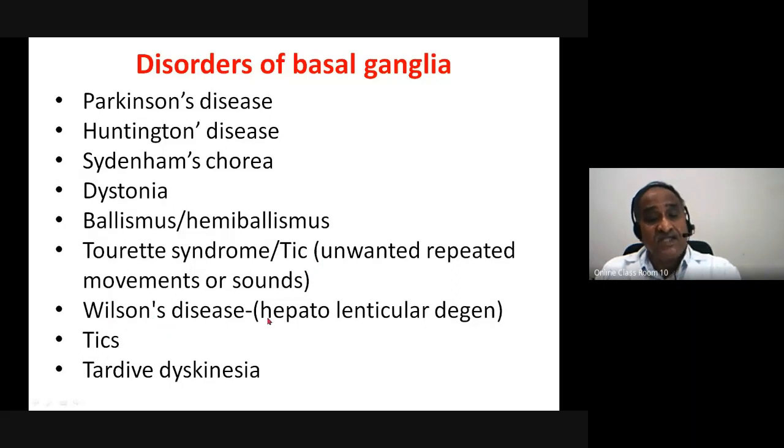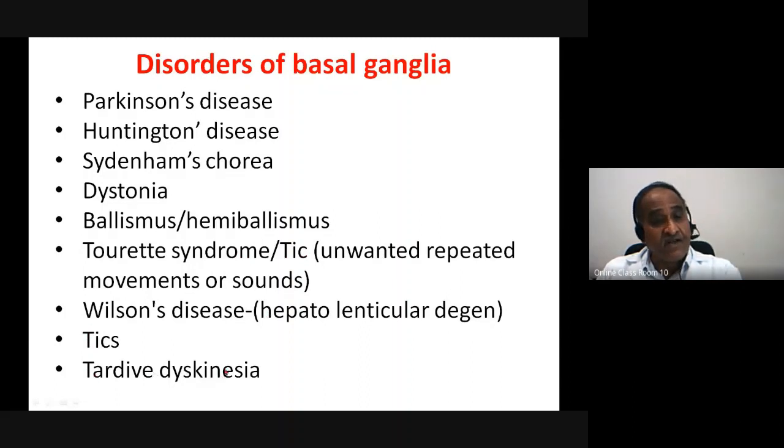Then we have Wilson's disease. Wilson's disease is a basal ganglia disorder where there is a degeneration of the lenticular nucleus, hepatolenticular degeneration. Copper accumulates there, and that destroys the lenticular nucleus. Then we have tics, which are seen in Tourette syndrome.